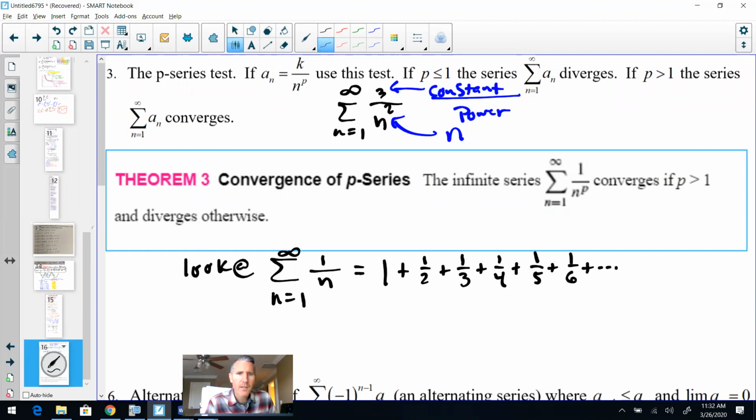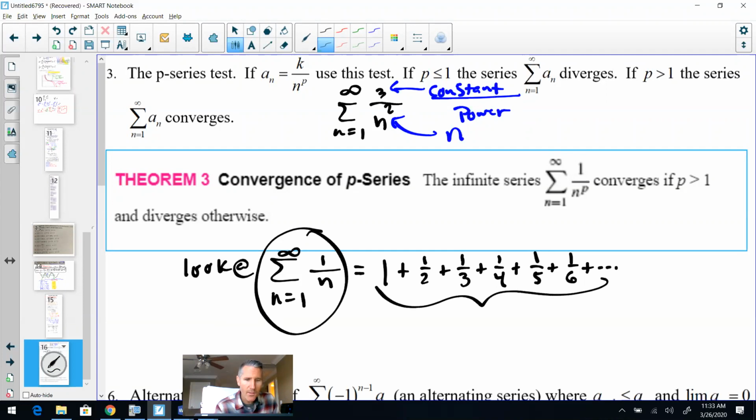Now, a lot of people would think that this is going to converge because, hey, those terms are getting really, really small, and so that's going to converge to some value. It does not. This is known as the harmonic series.